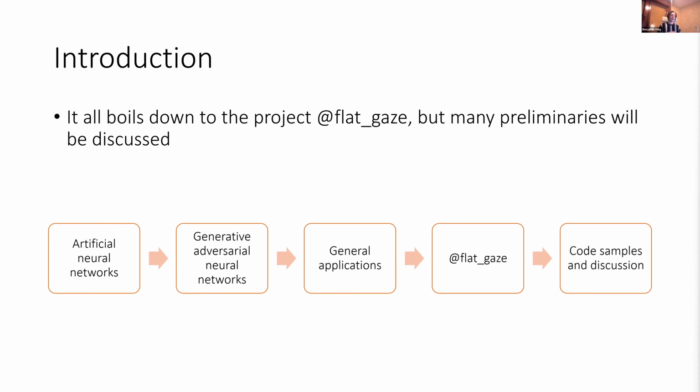Now, I will lead my way to the point where I'll say a few more words about FlatGaze, and I'm first going to start by introducing some preliminaries. I'm going to start with artificial neural networks, what they are, maybe how they work. I'm going to move on to generative adversarial neural networks, which are a subset of neural networks in the first group.